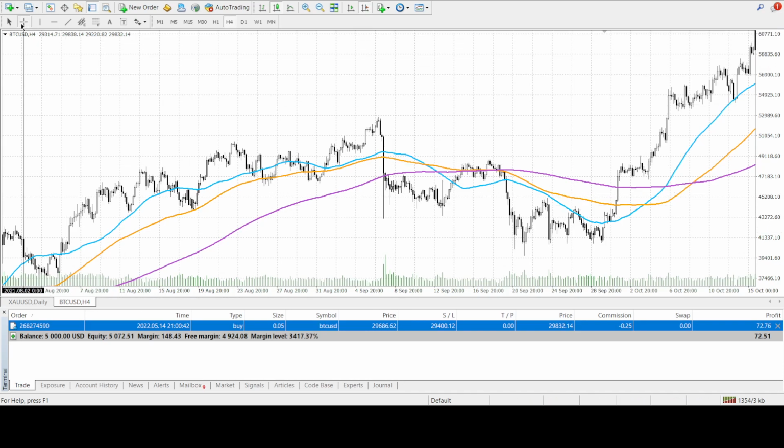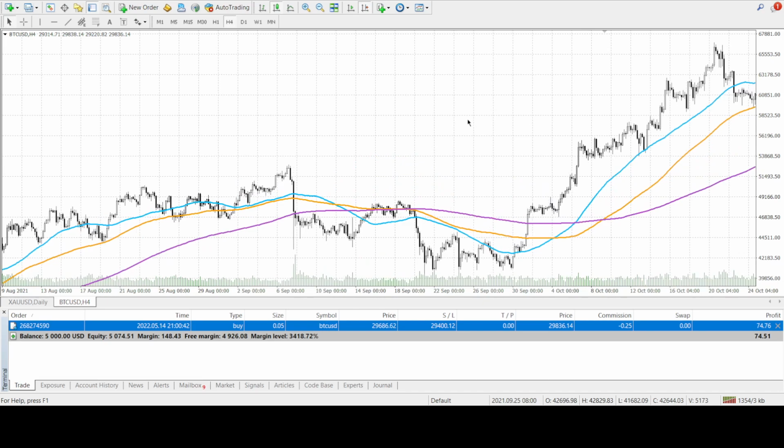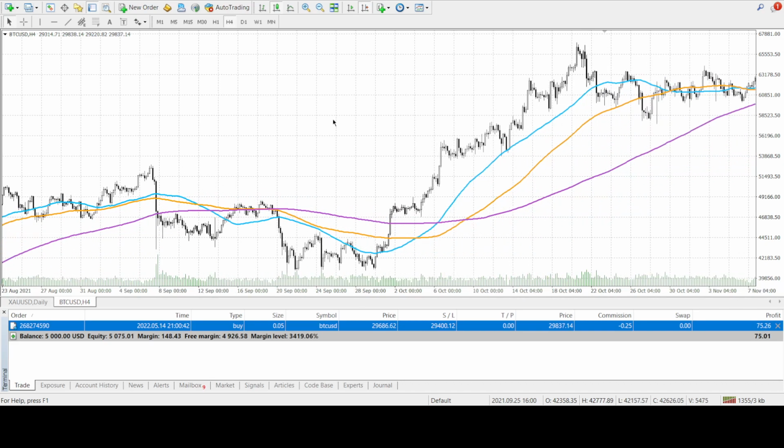I've seen people, and don't do this unless you have a very healthy account size, but I frequently trade Bitcoin and Ethereum with 75x leverage, right? Which is really high for cryptos with how they can swing and move. But yeah, that's kind of an example where things can go sideways, which is why you use risk management.